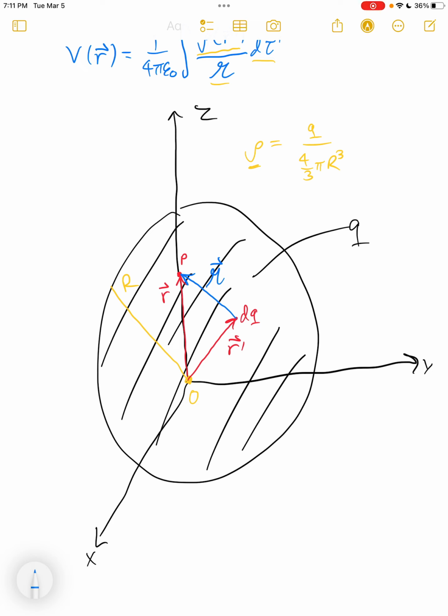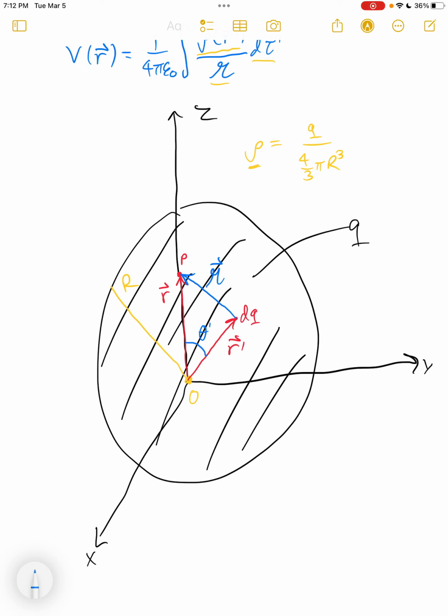And one really cool thing about defining the point at which we want to find our potential on the z-axis is that it follows, because of its definition, that this angle between the vectors r and r prime is actually just the polar angle theta in spherical coordinates, because the polar angle in spherical coordinates is measured with respect to the z-axis.